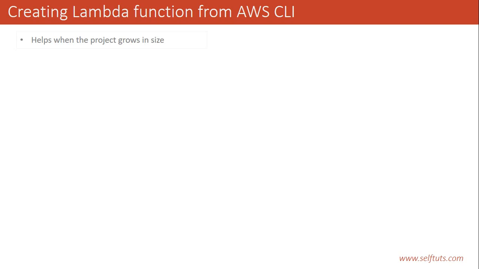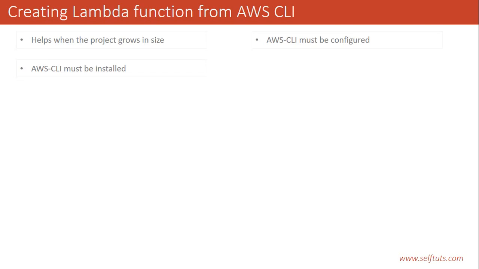So it becomes very difficult. When the size of your project grows, it is recommended that you create Lambda functions from AWS CLI. To create a Lambda function, AWS CLI must be installed and it must be configured.